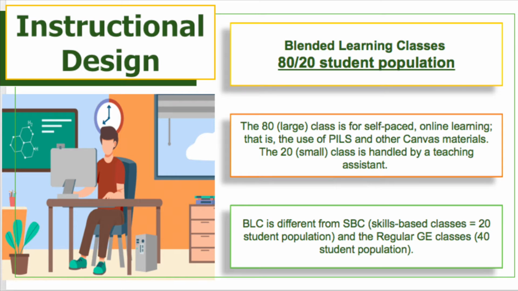That is the use of PILs and other Canvas materials. While in your subsection, the 20 or the small classes, it will be handled by a teaching assistant. Now, in this subsection, this is where you engage with your classmates and with your class discussion as facilitated by your teaching assistant.